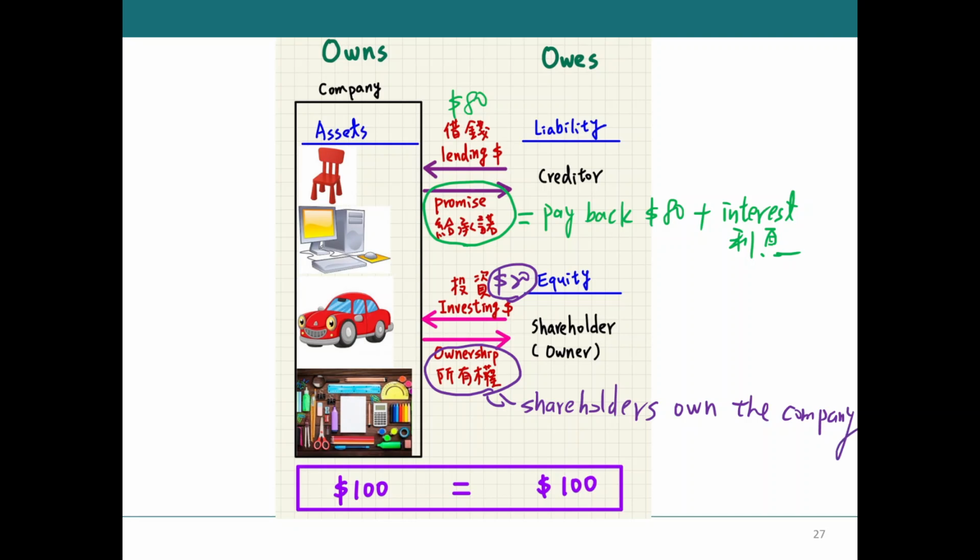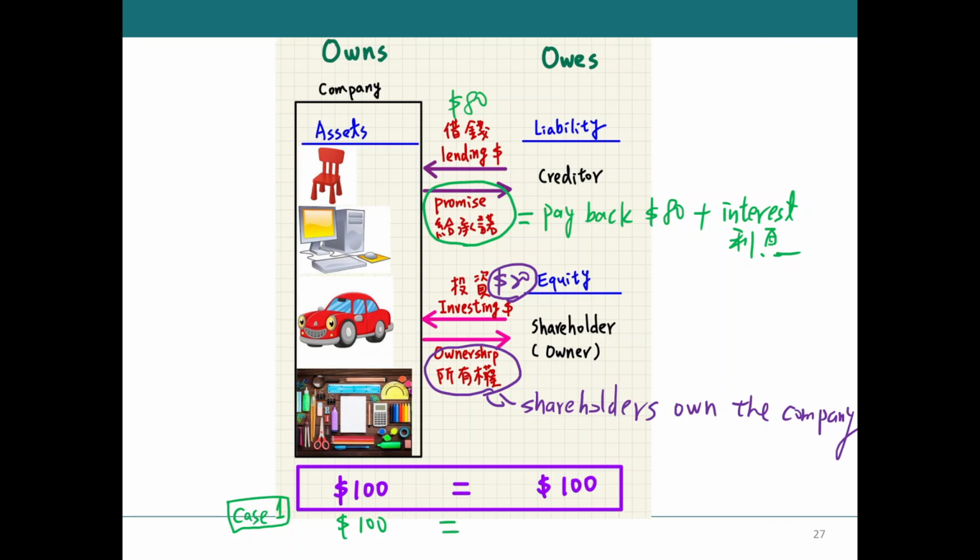Okay? Any questions? So did you find out when you need $100 for assets, you should get $80 from creditors, $20 from equity shareholders. So in this case, case 1, you have assets $100.